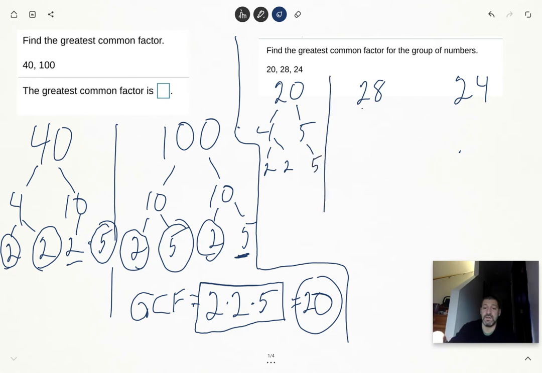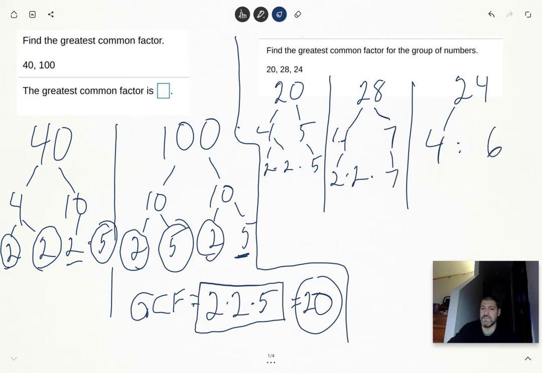And 4 times 7. 4 can be 2 times 2. I'm just breaking these down until they're all prime. 24 is 4 and 6, and there is more than one way to do that, but I'm just doing the first way that popped into my head.